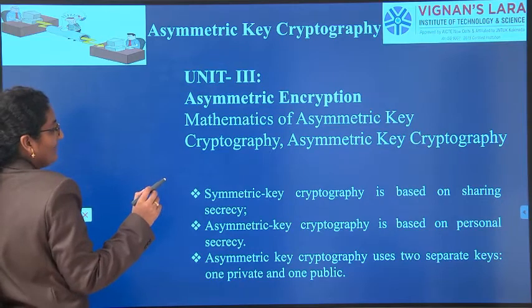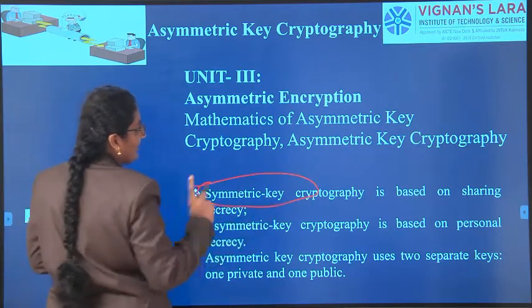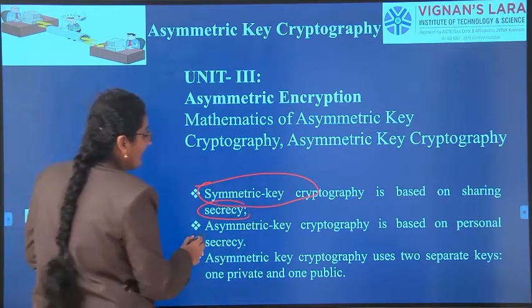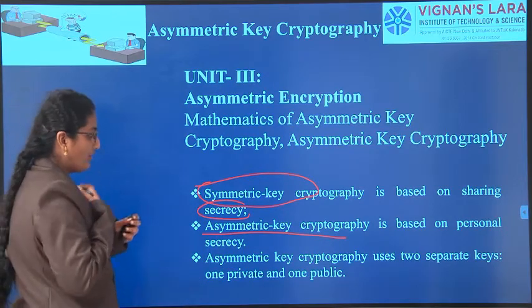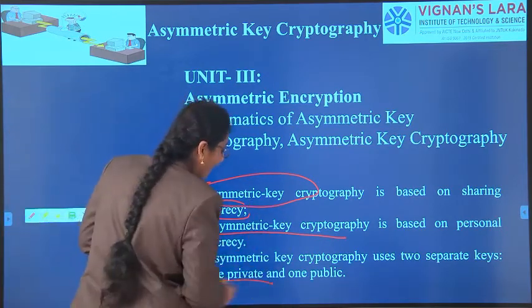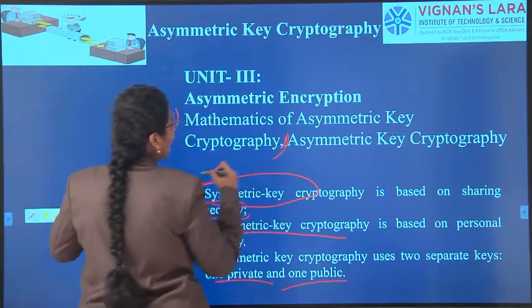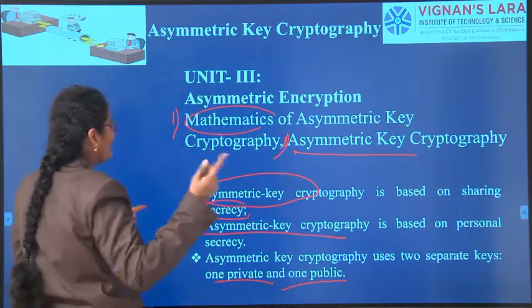The difference between symmetric and asymmetric is that in symmetric key cryptography we use only one key, the secret key. In asymmetric key cryptography, the secret is based on personal secrecy, and we use two different keys, private key and public key. So we have two topics in this third unit. Now we are discussing the second topic; mathematics we will discuss again.